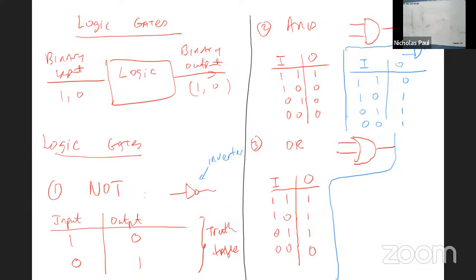Right? And then you have one more gate. That gate is called the NOR gate. You're drawing the OR gate and you're putting a bubble in front. You have your input and you have your output. If you had to guess, what would the output be for the NOR gate?